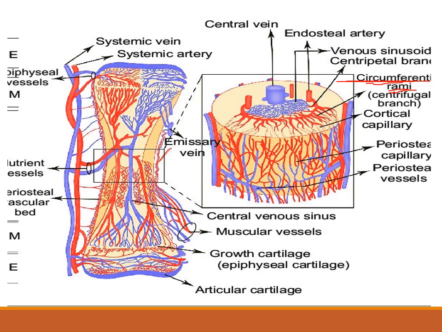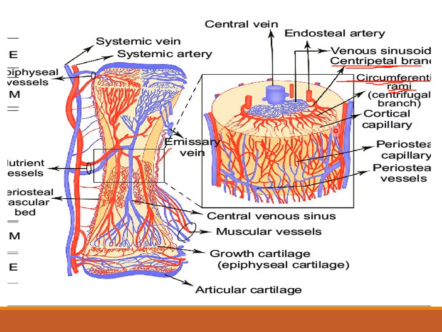Here the blood flow, which is from the outer to the inner side towards the center, we label as the centripetal flow of blood. So the circumferential rami give the central branches, which show centripetal flow of blood; these are also the central or centripetal branches.